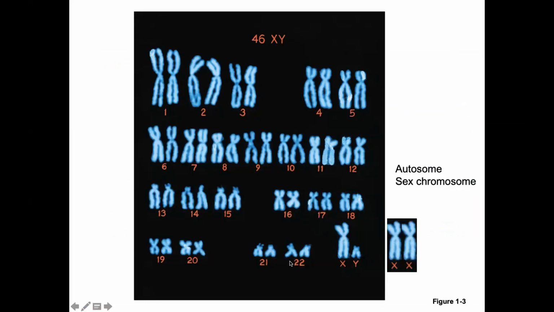All those autosomes exist as pairs in a normal human genome, and are indistinguishable whether you're looking at a male or a female. It's the 23rd set of chromosomes that are different. Here's XY for the male, and here's XX for the female.